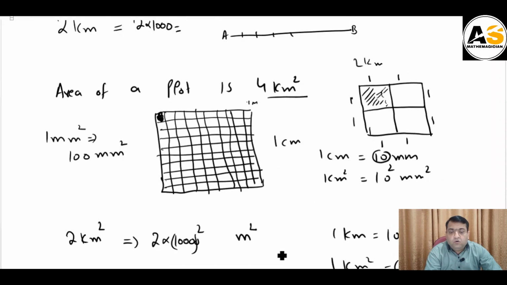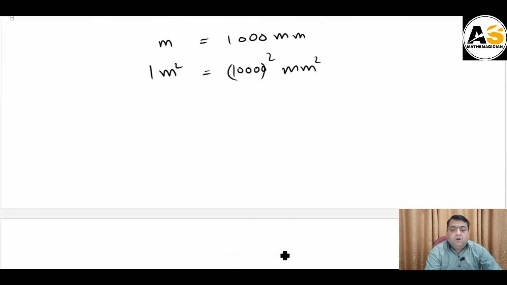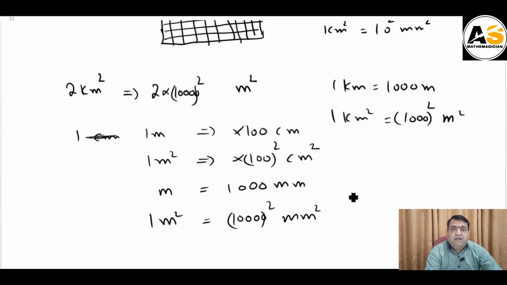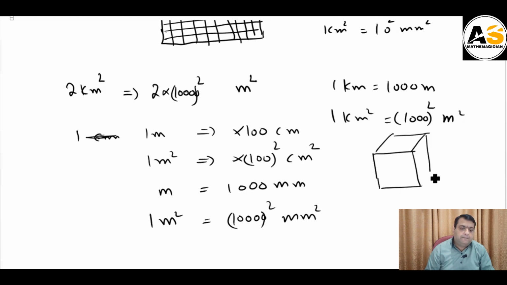Now we move to volume. How do we measure volume? Volume is basically the space occupied by any geometrical shape or solid in space, and its unit is cubic units. 1 meter cube means the space occupied by one cube whose each side is 1 meter.